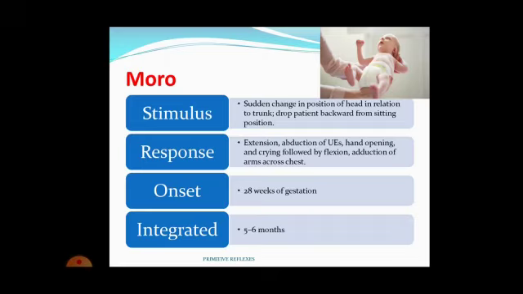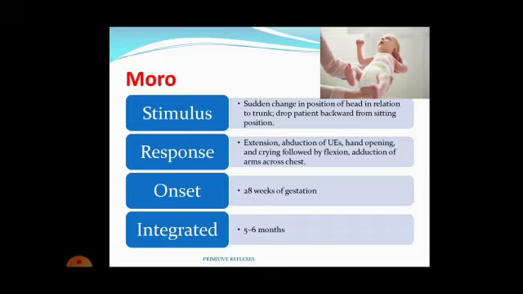Clear? Mostly the examiner behaves as if the patient is dropped backward, like the head comes down suddenly. The child is definitely supported, the examiner will not allow the child to fall, but still the head is tilted backward suddenly with the hand. Clear?